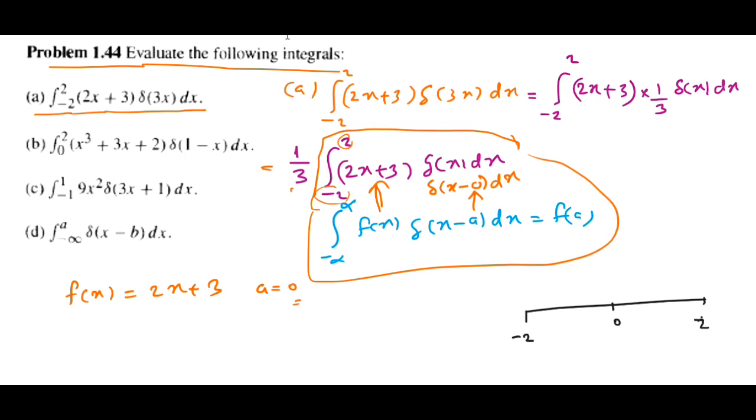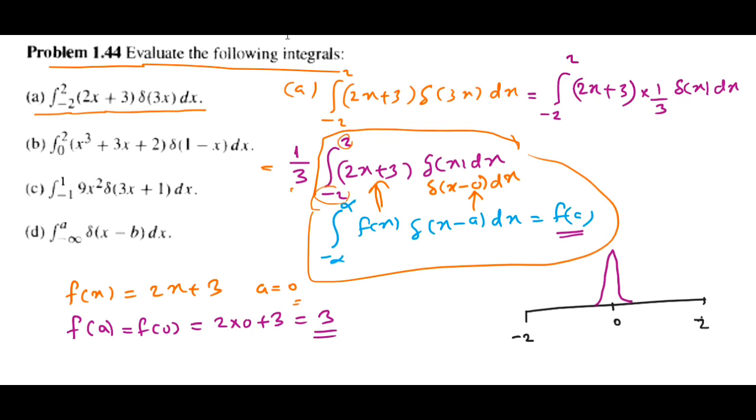Therefore the spike comes here, at 0. Therefore, the value of this integration will not be 0. The value of the integration will be f of a, that is f of 0, that is 2 into 0 plus 3, which is nothing but 3.